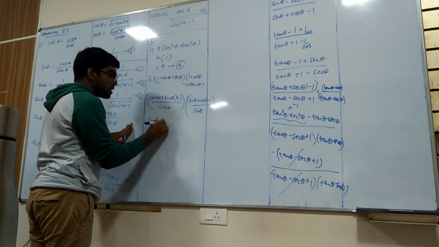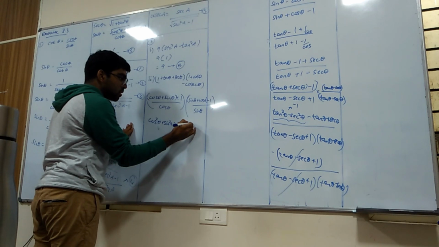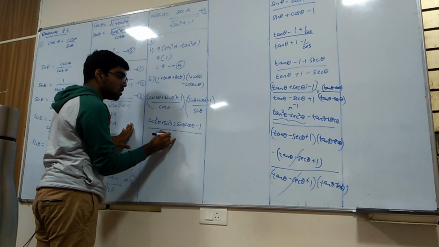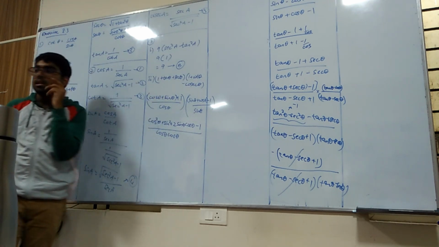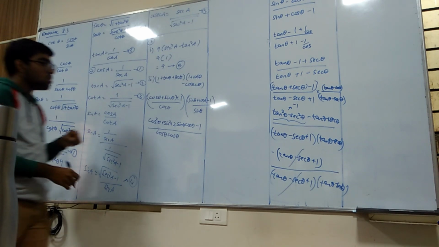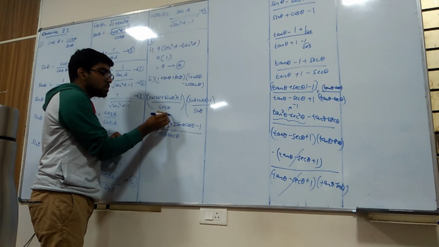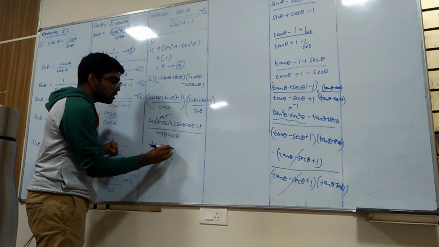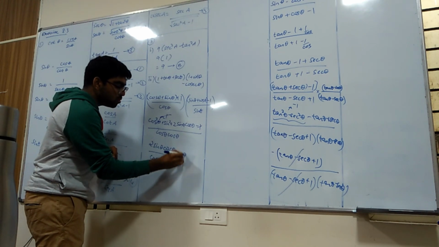Cos square theta plus sin square theta plus 2 sin theta cos theta minus 1, where a square is cos theta plus sin theta the whole square. Cos square theta plus sin square theta is 1. Plus 1 minus 1 is 0. 2 sin theta cos theta divided by cos theta times sin theta is 2.